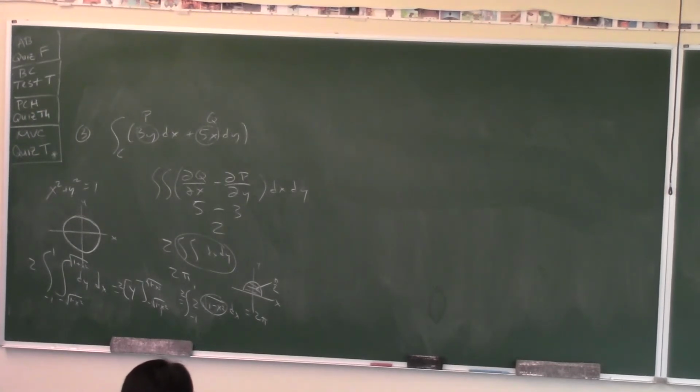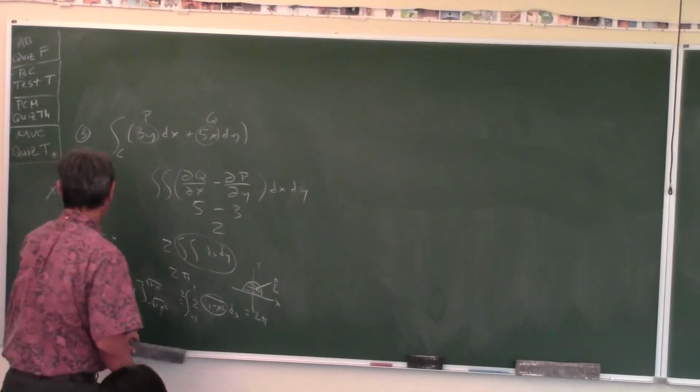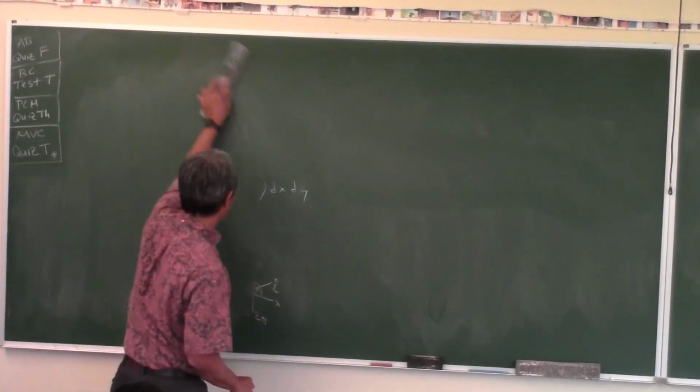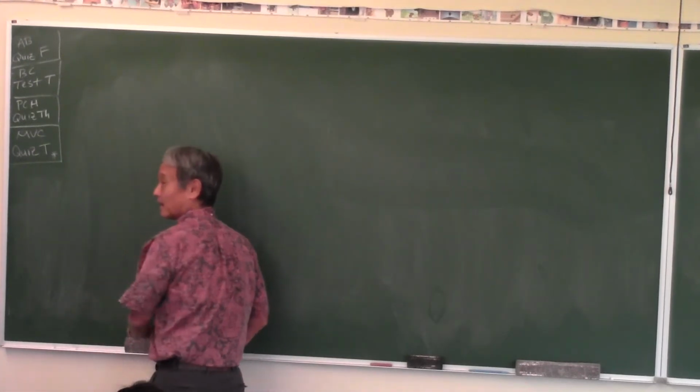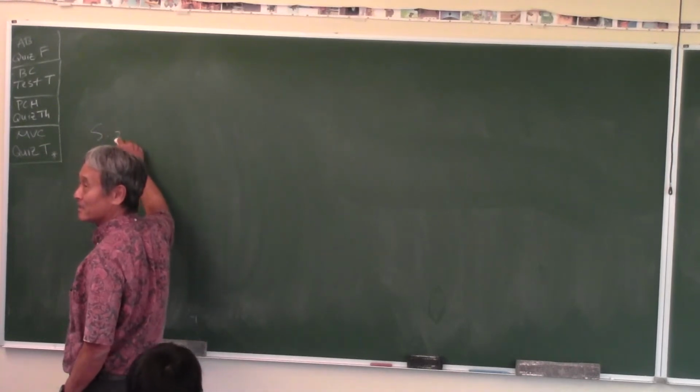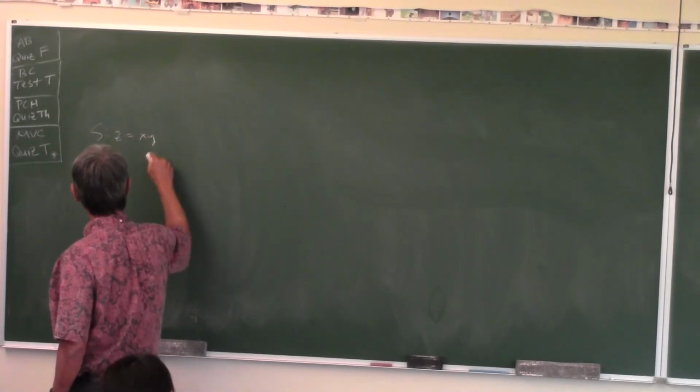For those of you following on the video, we are at the bottom of page 846. There's a problem that says find the total mass of a material surface S, where S is z equals xy.